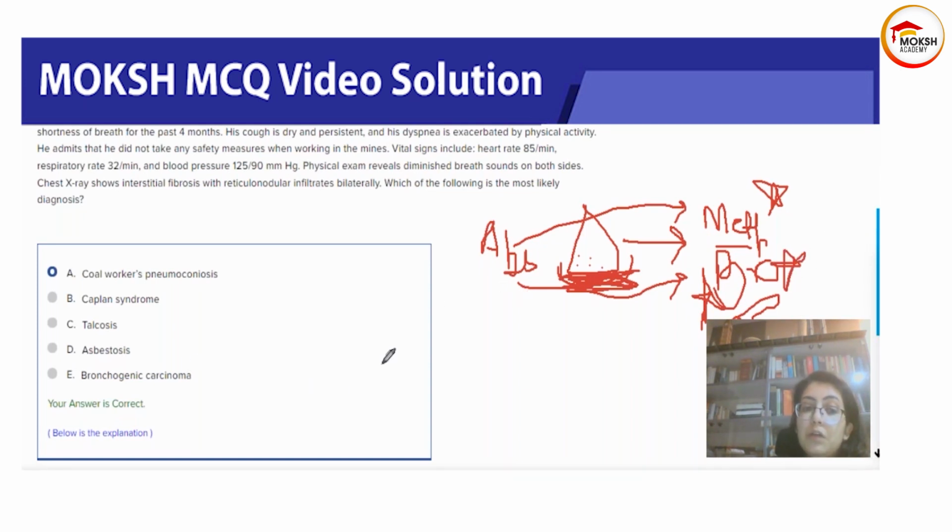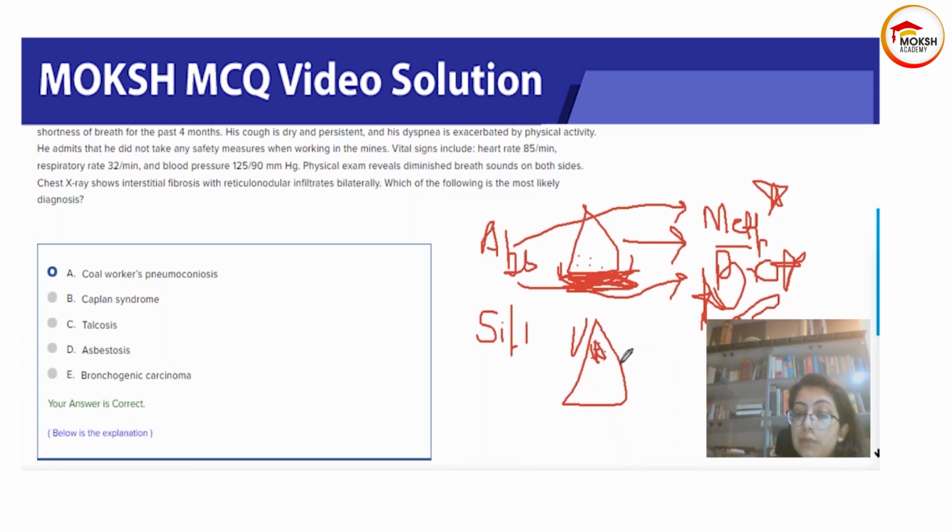So we covered coal workers pneumoconiosis, and we covered asbestosis. Another important one is silicosis. Silicosis presents very similar to coal worker pneumoconiosis. It will show upper lung infiltrate. Later, it will go on to form cavitatory lesions.